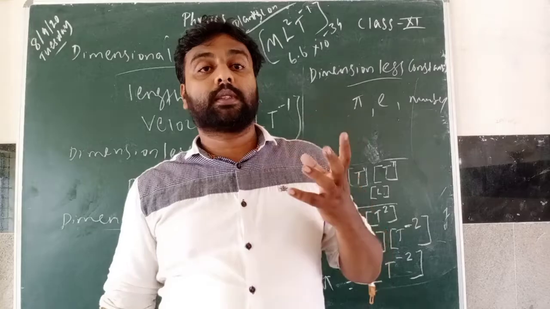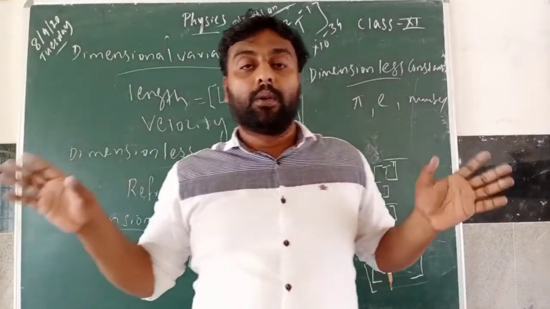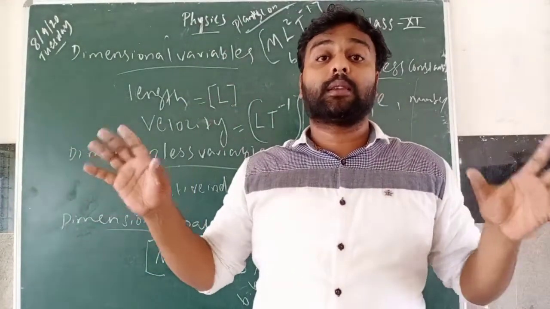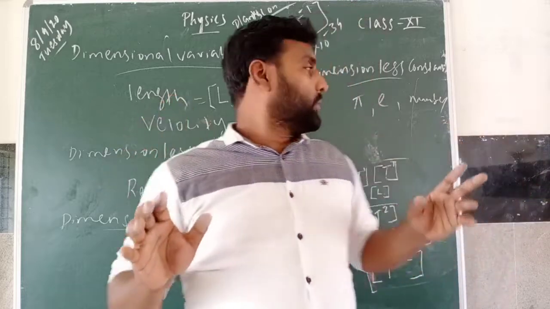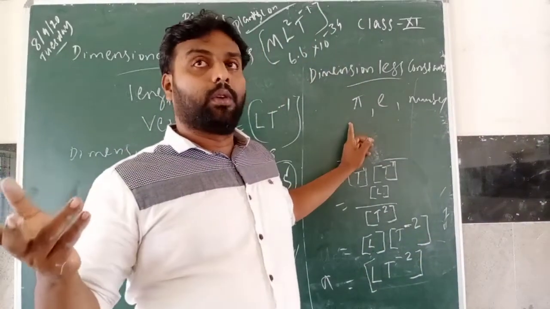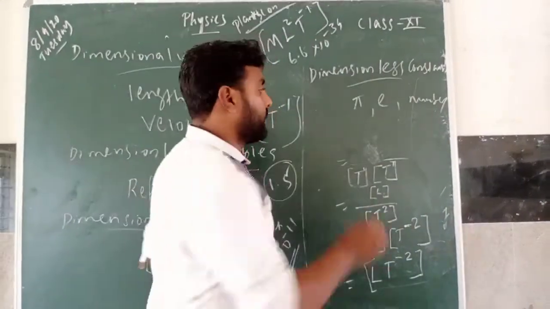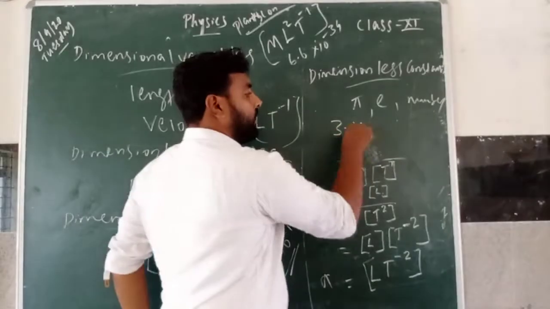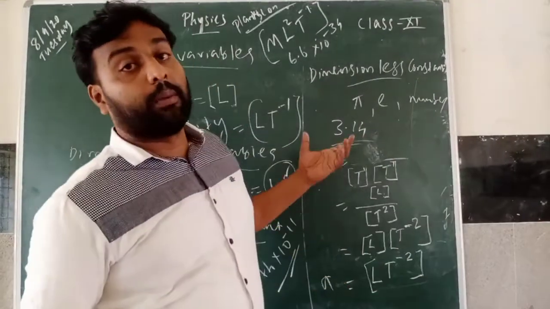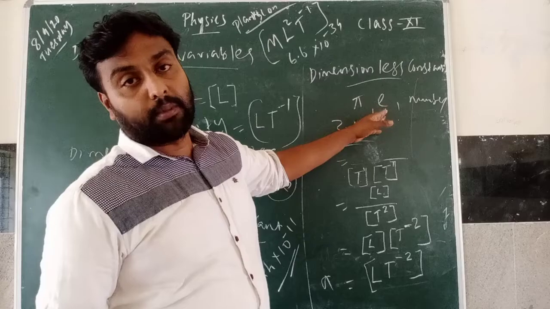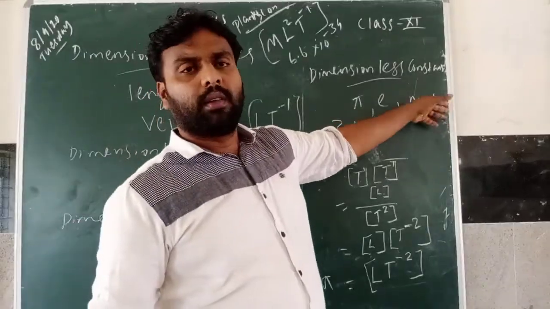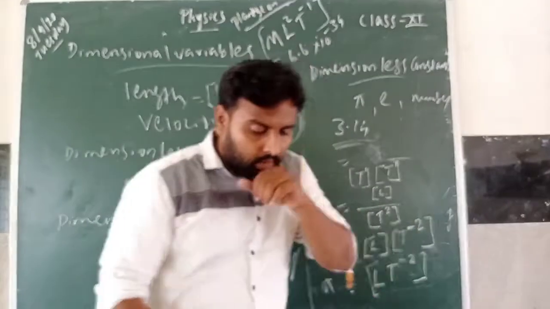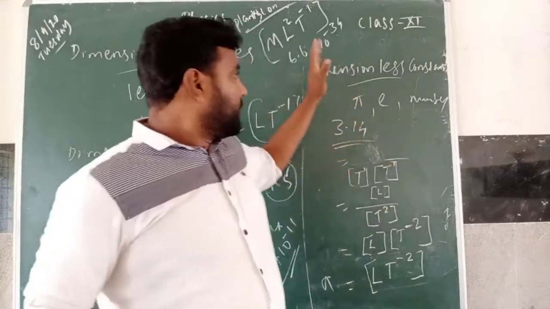Quantities which possess no dimension but have some constant values. Pi, you know, pi constant value. What is the value? 3.14. No dimension. Like Euler's number, and all the pure numbers.